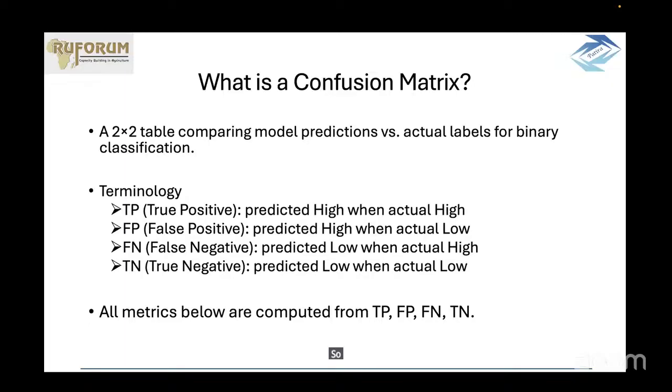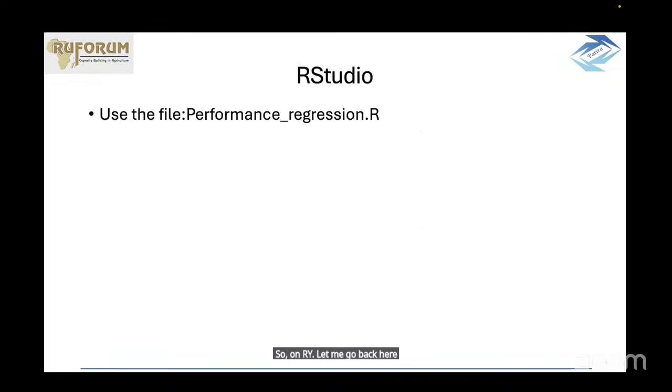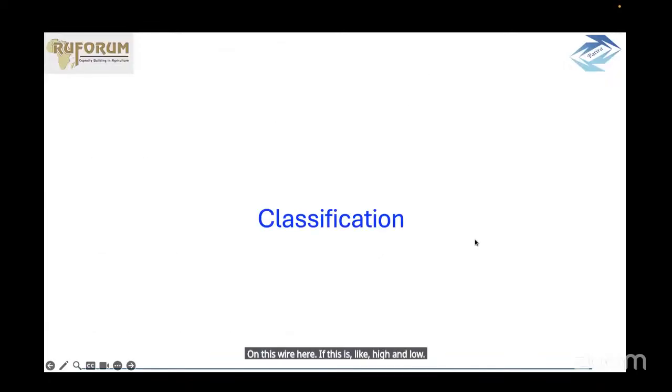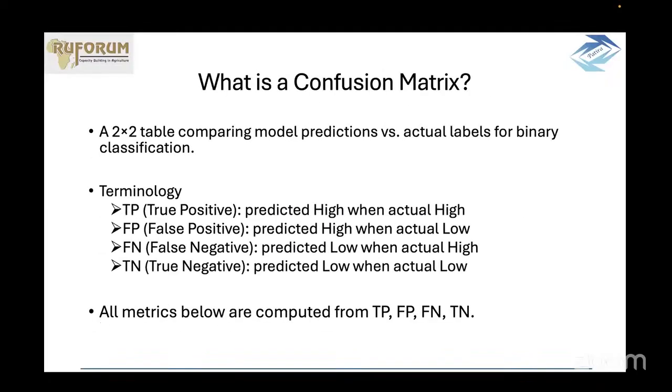So on this Y here, if this is high and low, when your Y, the reference, is high, and then your algorithm predicts that to be high, that is a true positive. When Peace was teaching logistic regression and she presented her results, you could see that some were presented as high, and they were predicted as high. So those were true positives.